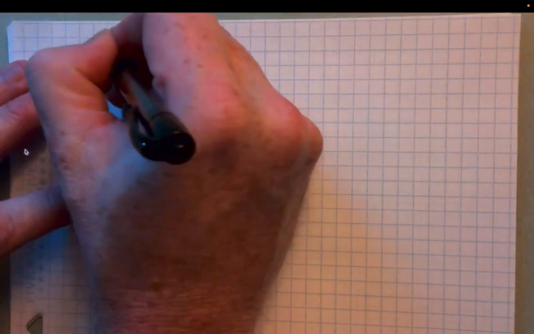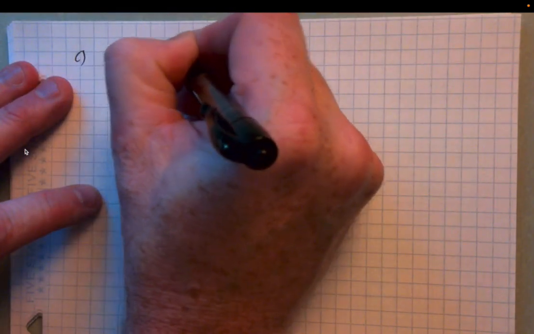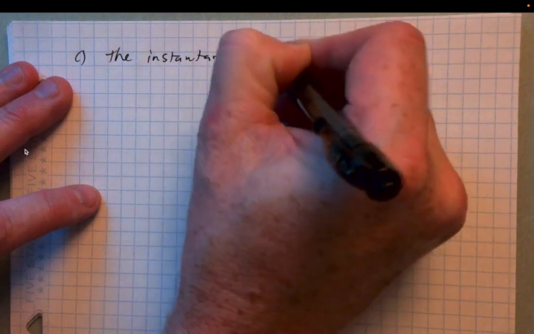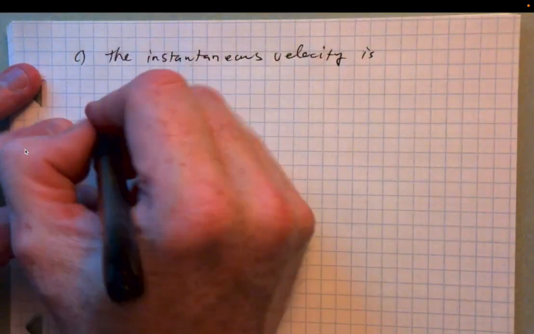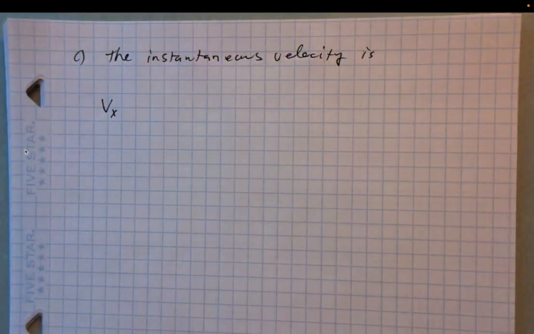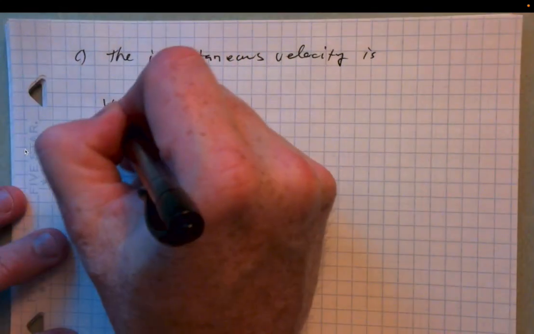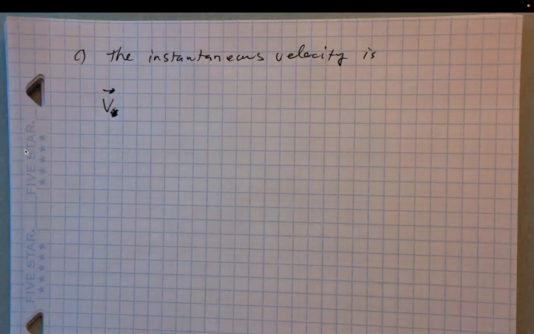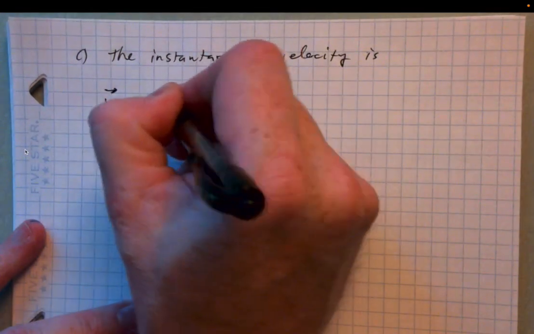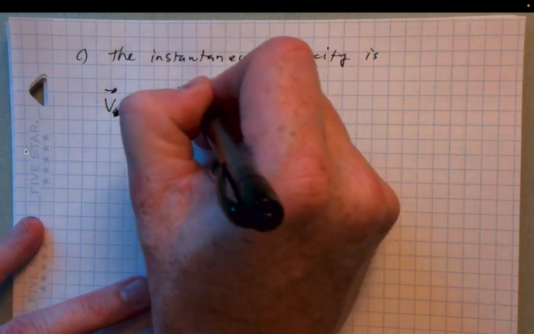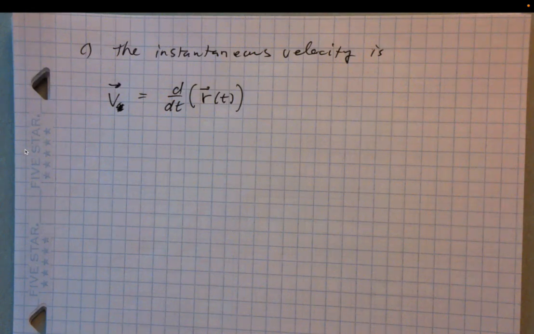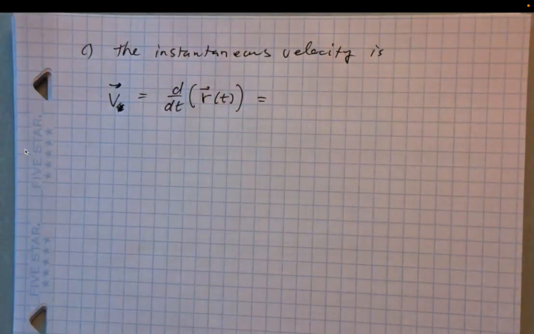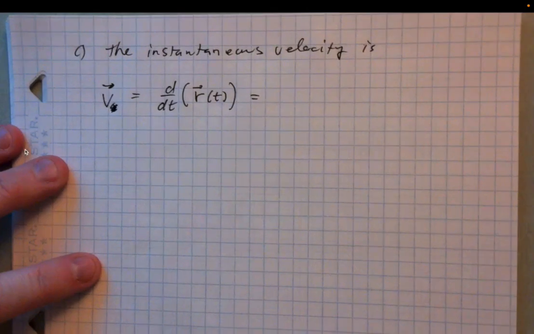So the instantaneous velocity is equal to the derivative of the position, right? So I have to differentiate the position vector. And I'm going to use all the notation that I can in here just so you can see how all of this flows.